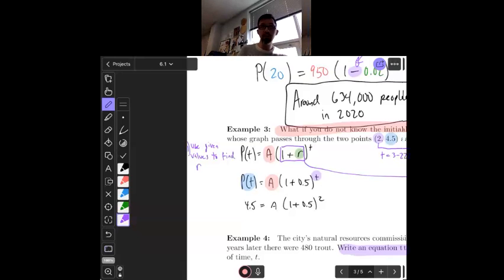The first thing we did was we used the given values to find r. Again, it's almost like finding the slope. That's not slope. It's a ratio. And then we use the r and one of the givens to solve for a. Yeah, so that's the steps we're following here.